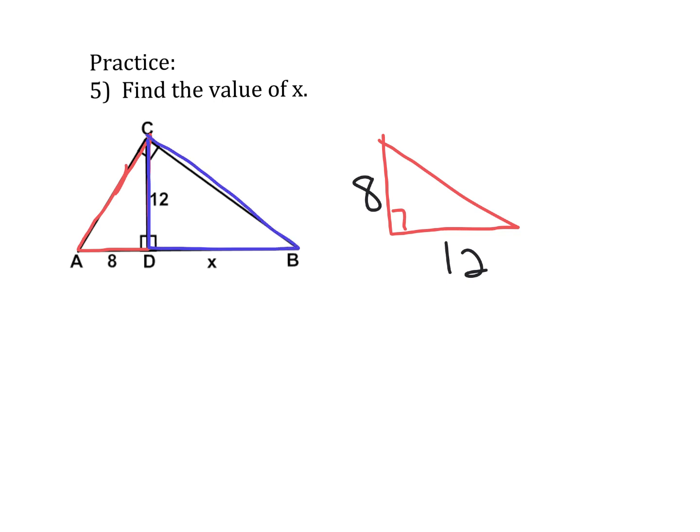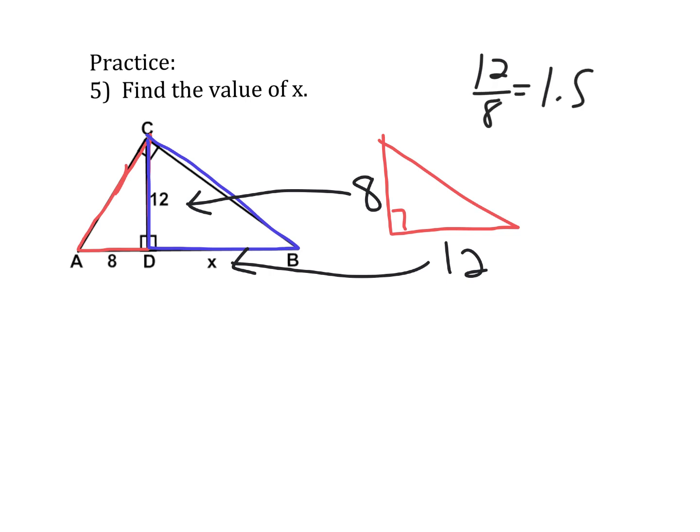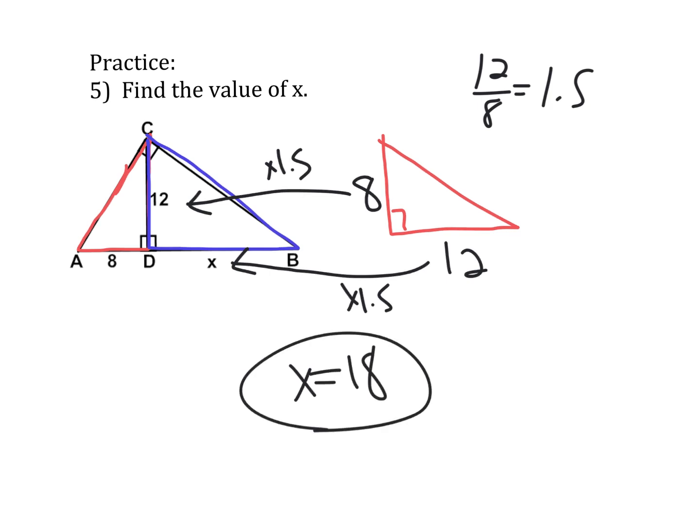There's no x in that, which means we could just use a pattern at this point. We could just look at how I get from 8 to 12, and then use that pattern to go from 12 to x. 12 divided by 8 is 1.5, so we're multiplying by 1.5, and 12 times 1.5 is 18. So x equals 18.